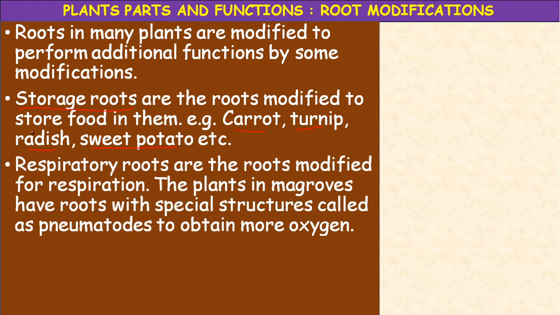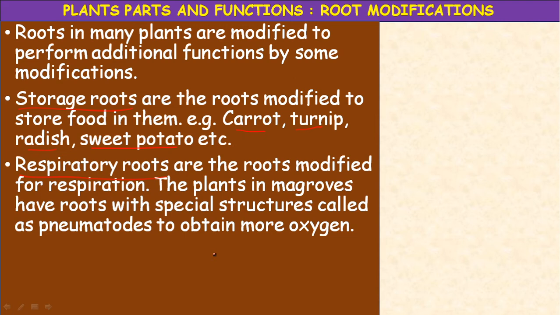Next, respiratory roots. These are the roots which are modified for respiration. Certain plants like mangroves grow in marshy soils, meaning clayey and very wet soils, where the roots don't get any air.